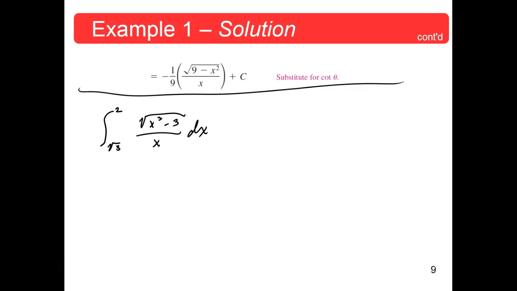Well, it's not a sine because that has to be the constant minus the square. Secant, okay. Let x equal what? It's certainly going to have a secant theta in it. Got to have something else though.